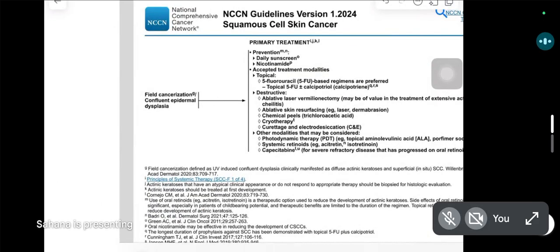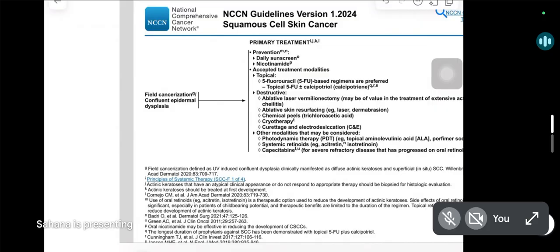They have given some preventive measures that you can mention. That is use of daily sunscreen, use of nicotinamide, and topical agents for field cancerization, that is 5-fluorouracil based treatment.